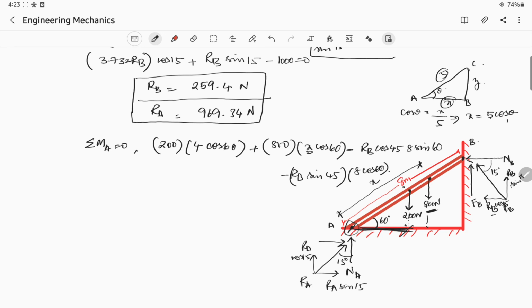If you simplify this, it is equal to 0, and solving it you will get x is equal to 4.01 meters. Okay, this is how we simplify. Right, the next problem will continue in another class.